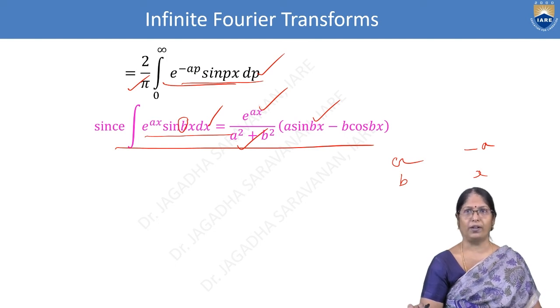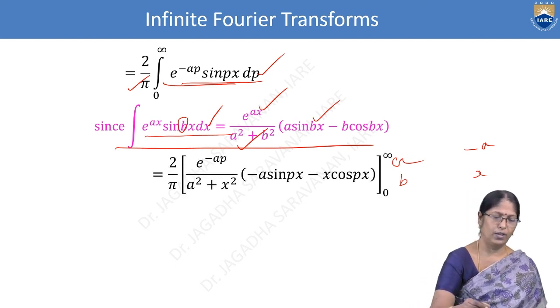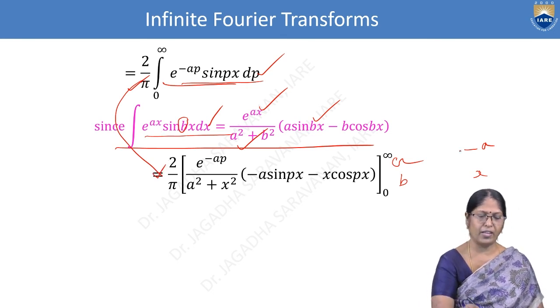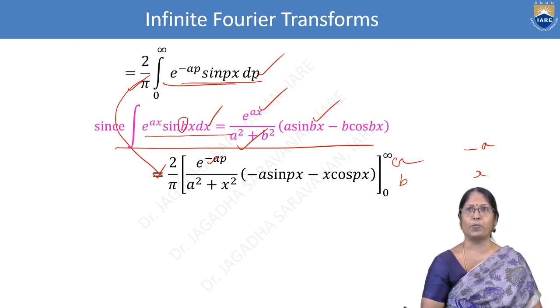Substitution should be started. Now this 2 by pi written as it is, e power ax, our a is minus a. The formula is with respect to x integration, our problem is with respect to p.